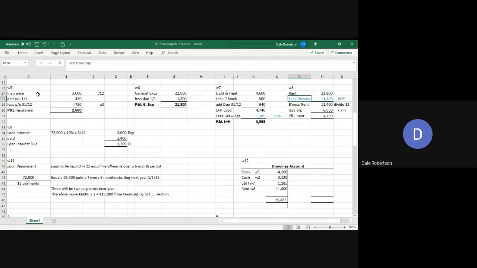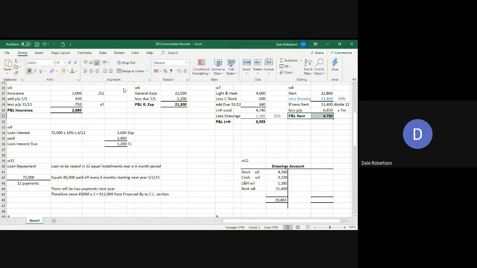So straight away, you'd take out half of that as drawings, because it's the other half, the remaining 11,400, which is the business expense. And it is that on which we can say that there are 7 months prepaid, divide 11,400 by 12, multiplied by 7, and therefore the expense, and the profit and loss expense, is actually 4,750.